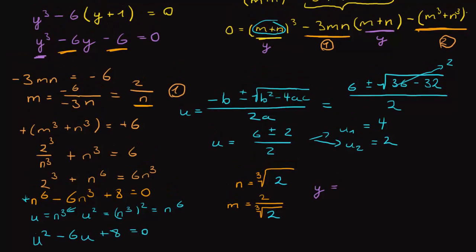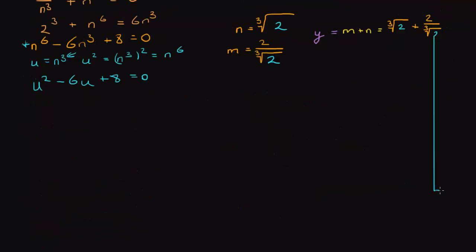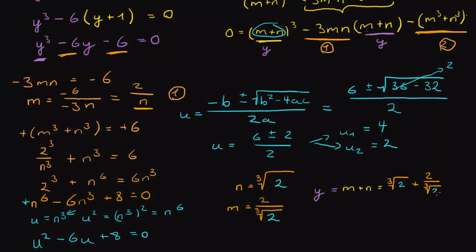We said our y is equal to m plus n, so it's equal to the third square root of 2, and now it's getting really difficult with the colors, plus 2 over the third square root of 2.